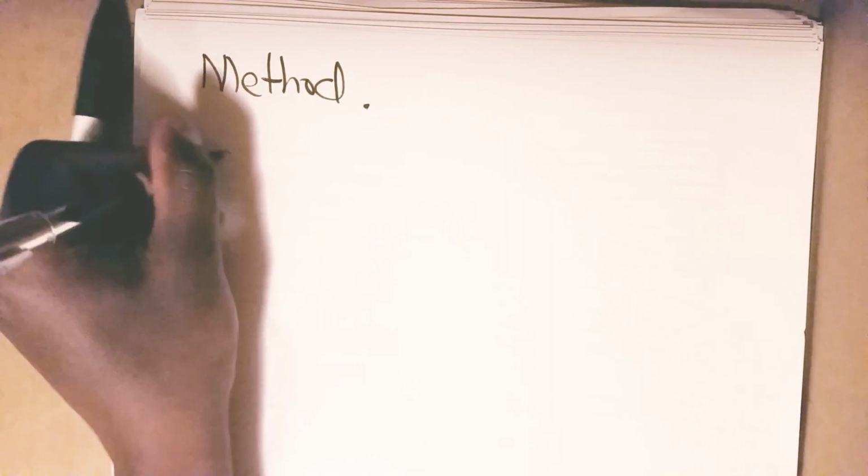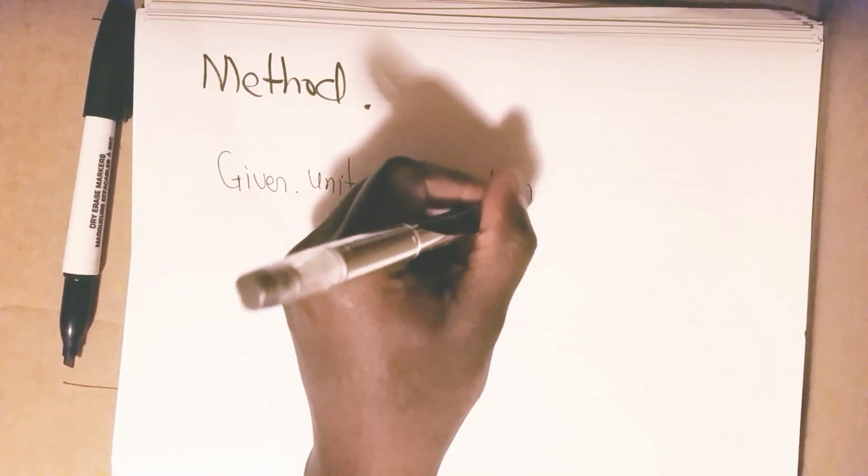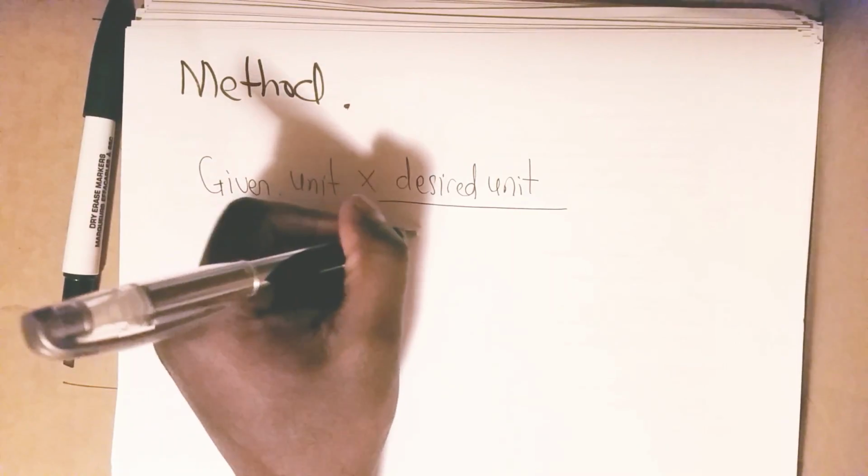So the method is: you take the given unit, you multiply it by the desired unit, the one you want to find, and divide that by the given unit.